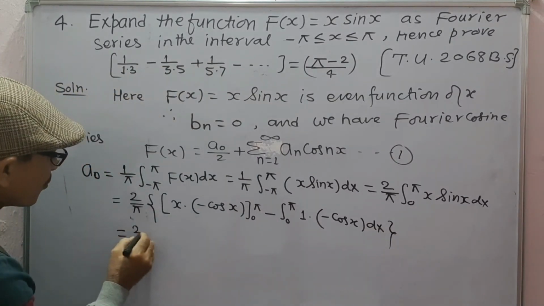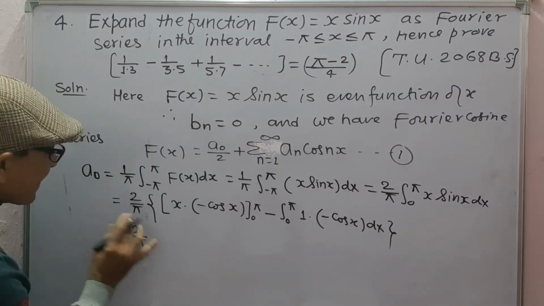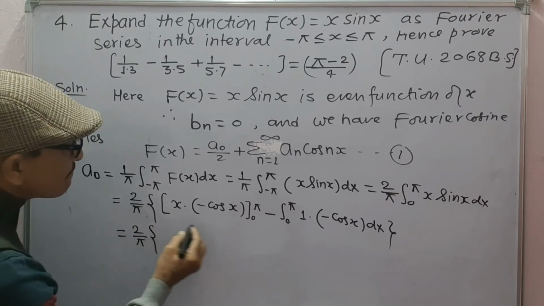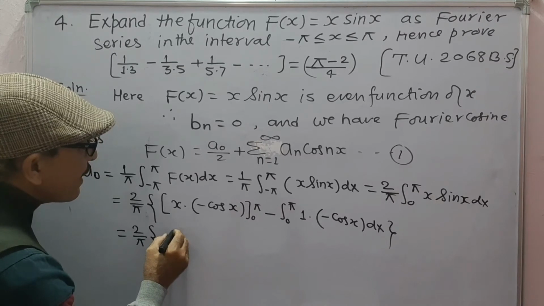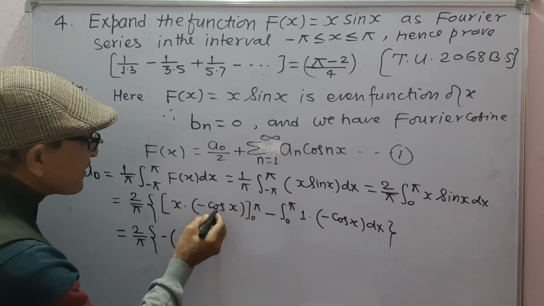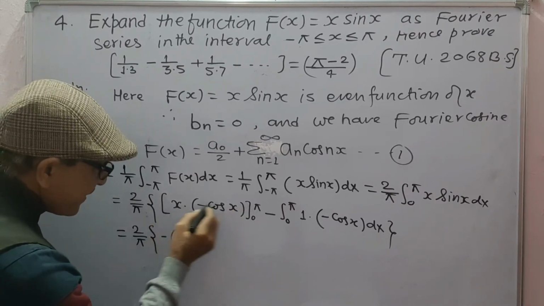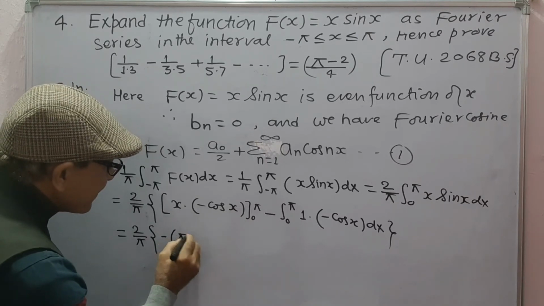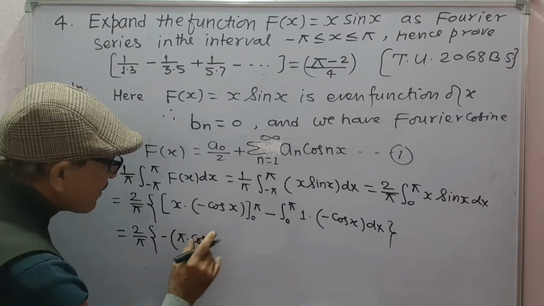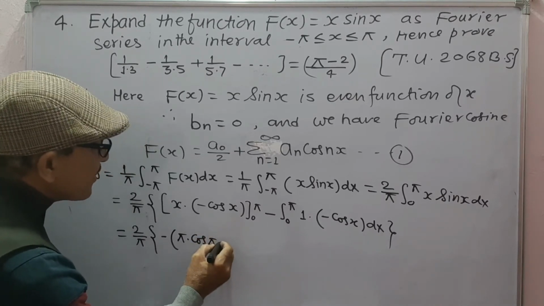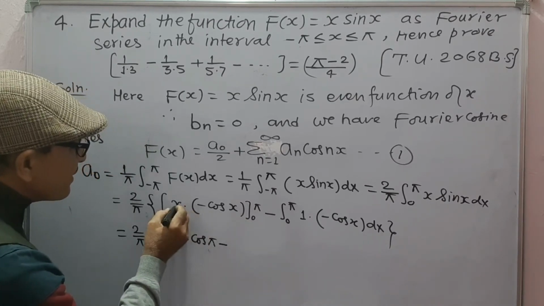This gives 2 upon pi, minus, upper limit is pi into cos pi, and lower limit is 0.